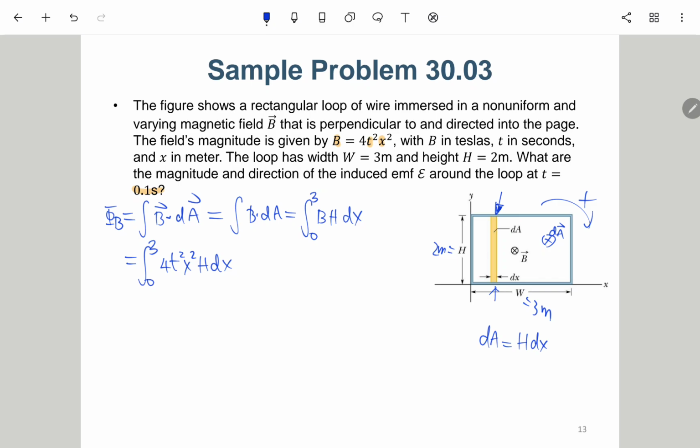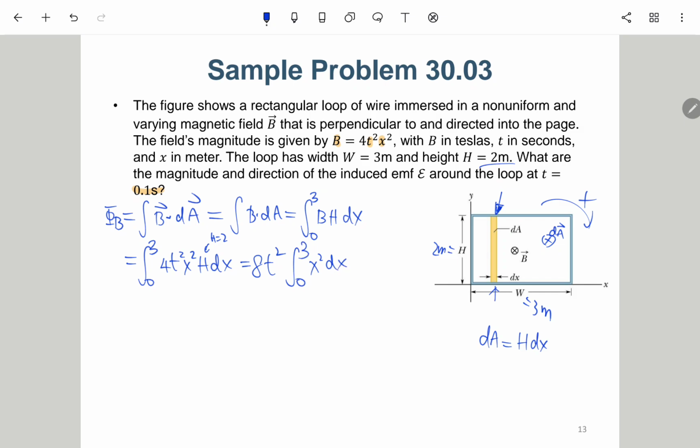Here h is actually 2 meters, so h times 4 will be 8. And t is independent of x, so t squared we can take out. The remaining stuff is x squared dx from 0 to 3.